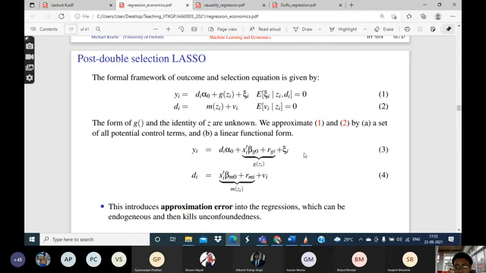Suppose this equation 4 is not there, and only equation 3 we are solving using lasso. What are the coefficients here? Alpha naught as well as all the betas. So the usual lasso tries to make most of these coefficients 0 or something close to 0, so that they can be disregarded.